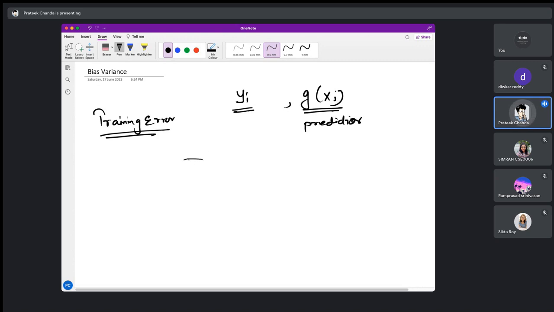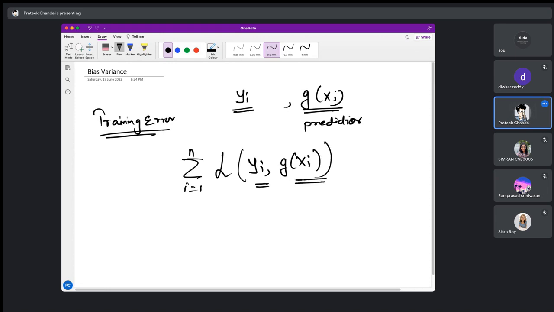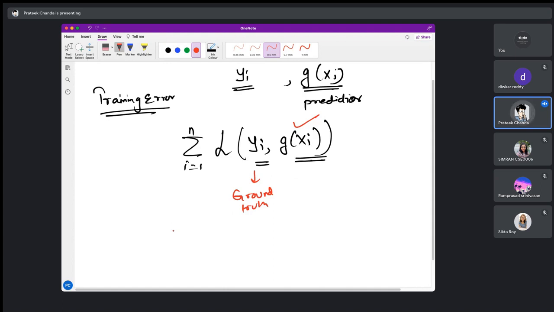I want to sum it up across all training instances and define a loss, let's say L over yi and g of xi. So this is my output and this is my predictor, and we want to evaluate how good this estimated predictor is with respect to my ground truth. So this is one measure of model performance evaluation.